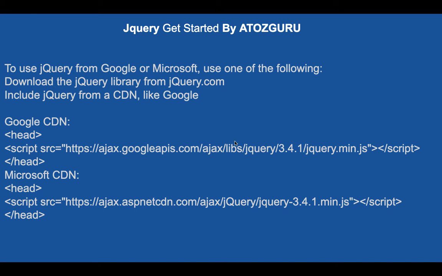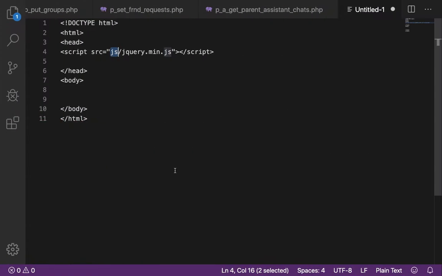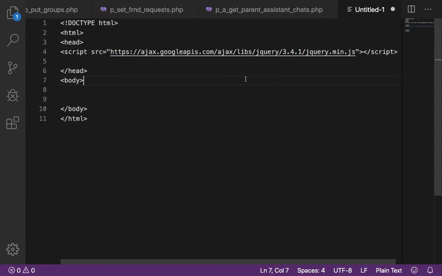This one is provided by Google and this one is provided by Microsoft. Anyone you can use, no issue. So if you use that CDN, here I am using the Google CDN. So it will be like that.